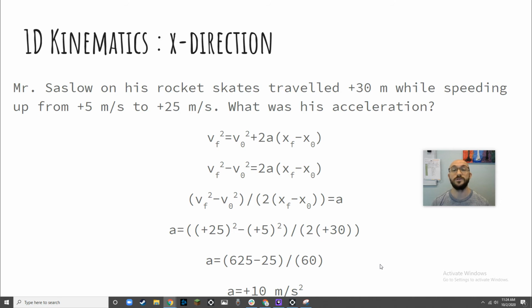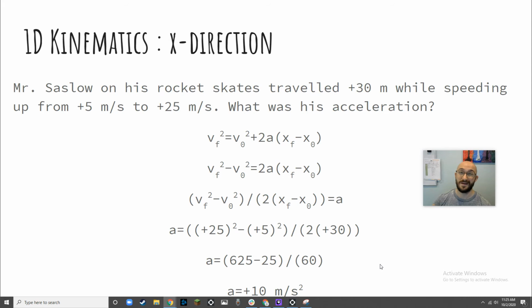I am now going to rearrange. So first I subtracted V naught squared on both sides. Then I divided by 2 delta X on both sides, and that gives me my A equals equation. Now I plug in my numbers and simplify. So that's 25 squared minus 5 squared, so 625 minus 25, divided by 2 times 30, so 60.